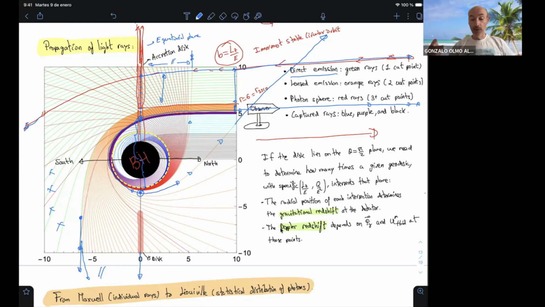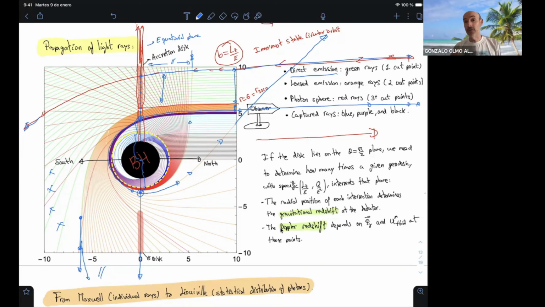This means that when we proceed with the numerical integration of the geodesics backwards, we need to extract information about the intersection points of the photons with the equatorial plane, because the equatorial plane is where the accretion disk will be located, okay? In some points, we may not have accretion disk. That depends on the model of accretion disk that we use, okay? This is a freedom that we have.